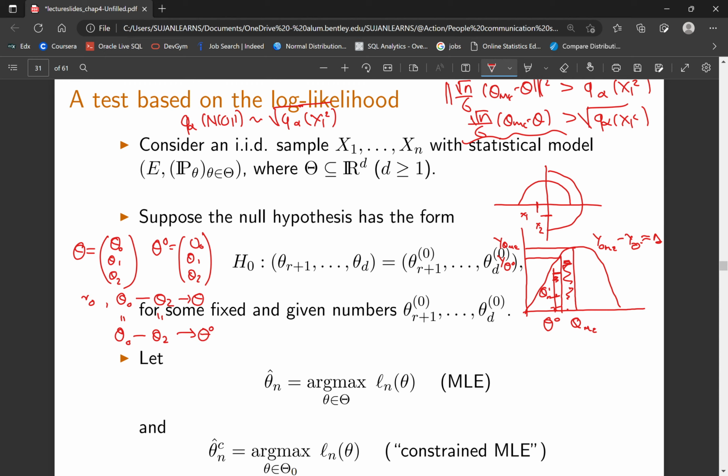It should be the same. That's what we are saying. And what if it's a single dimension? If it's a single dimension, then theta is equal to theta naught, because it is not a vector and doesn't have many coordinates. It is one single coordinate, so it's just theta equal to theta naught in that case.